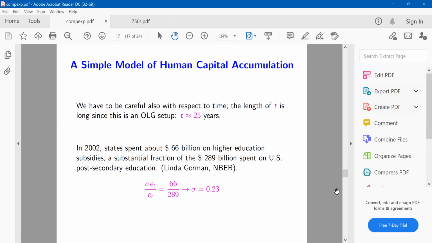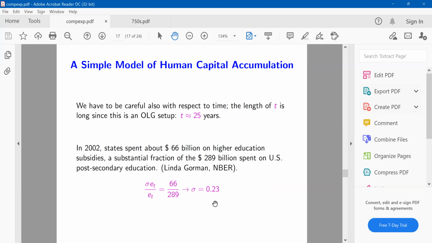So I am doing that for the US economy. In 2002, all of the states in the US economy spent about $66 billion on higher education subsidies, okay? Now, if you look at the total post-secondary education in the United States, it is equal to $289 billion in 2002. So very roughly, we have some idea about sigma in 2002, okay, and it is 23%.